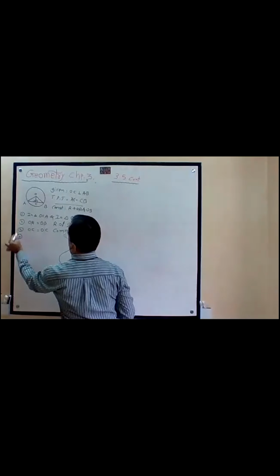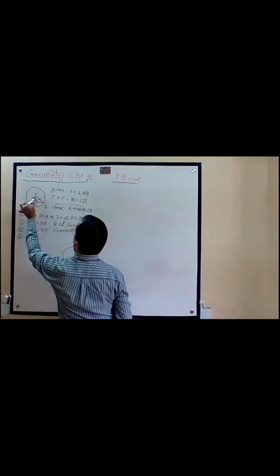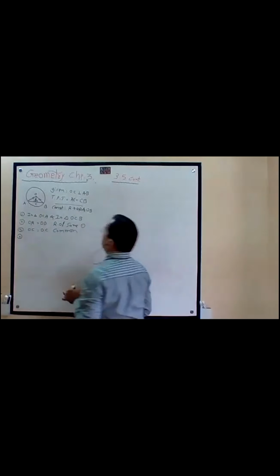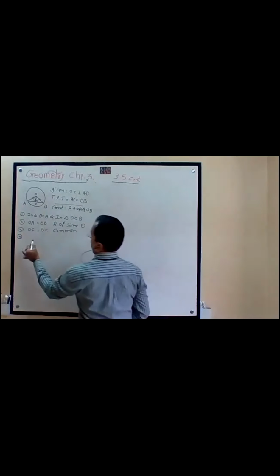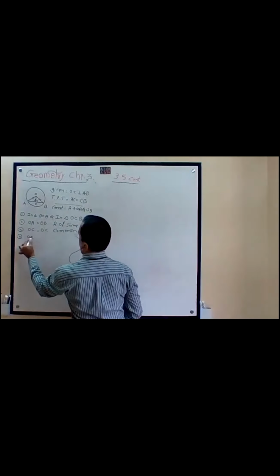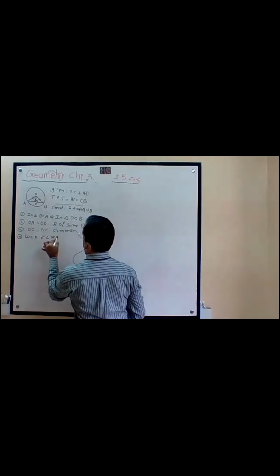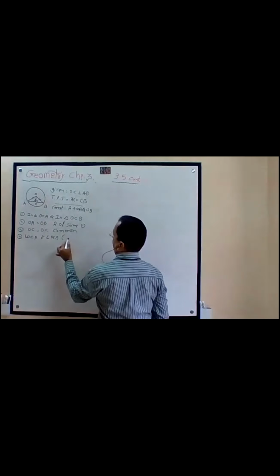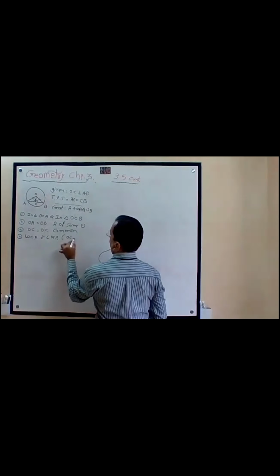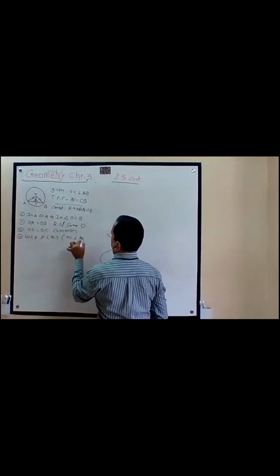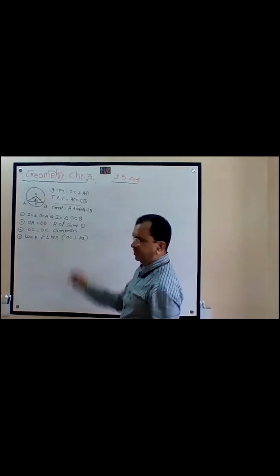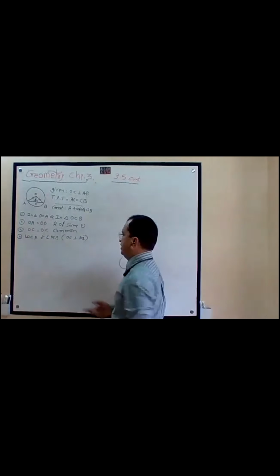Fourth, these are equal, these are common. Triangle OCA is congruent to triangle OCB. Why? OC is perpendicular to AB. If it is perpendicular, both the sides are each 90.